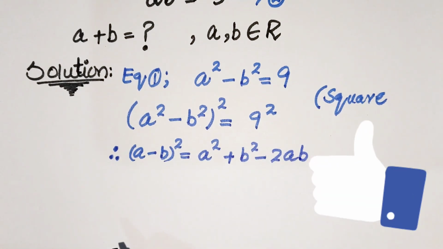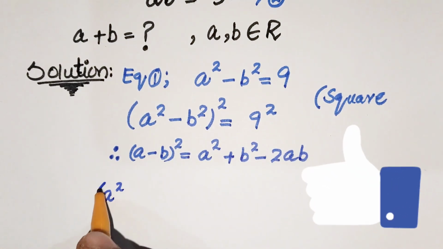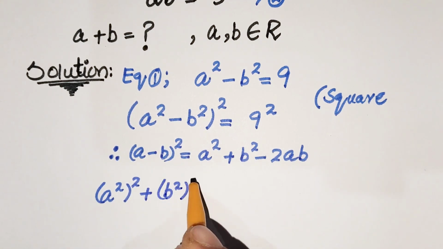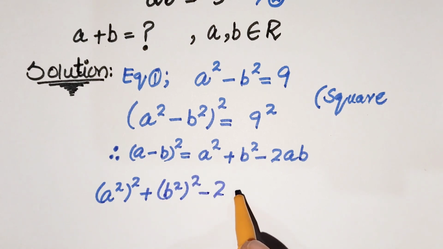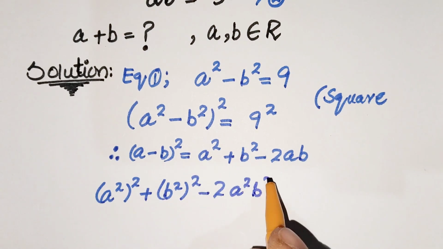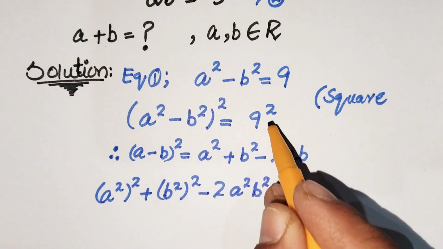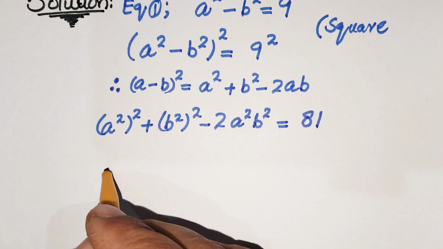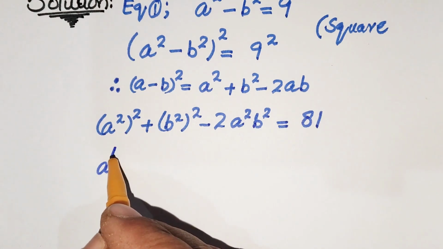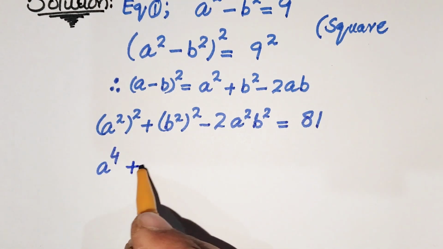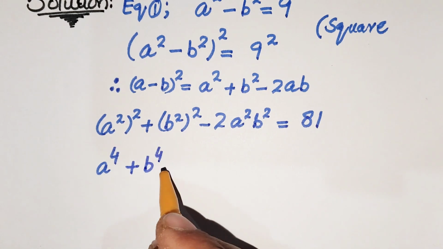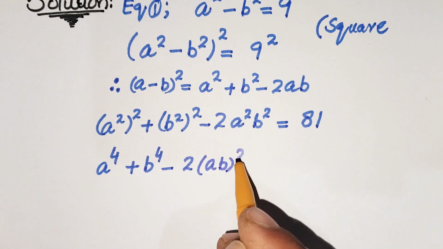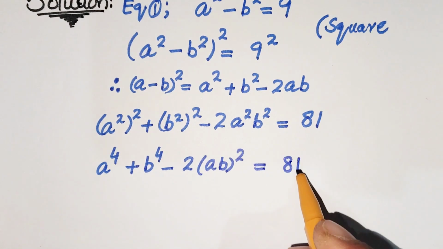So using this, we get a squared whole squared plus b squared whole squared minus 2 times a squared times b squared, which is equal to 9 squared, which is 81. Now exponent times exponent, we get a raised to the power 4 plus b raised to the power 4 minus 2 times (a times b) whole squared is equal to 81.